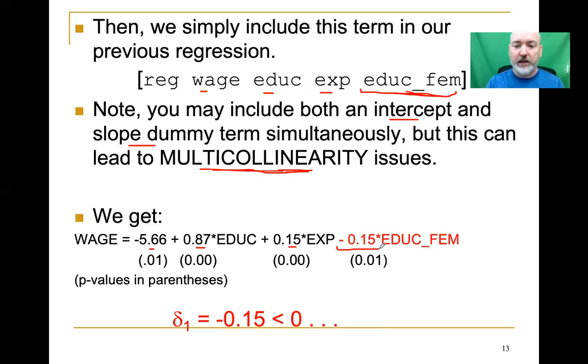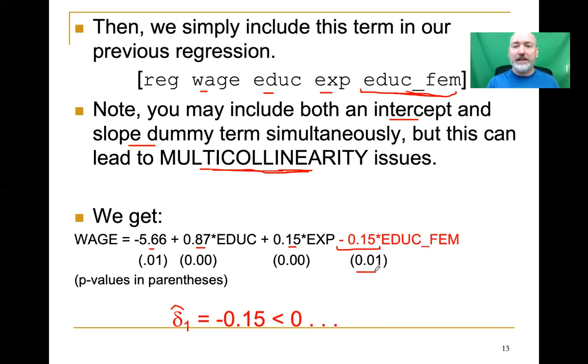So this negative 0.15, the coefficient on the slope dummy interaction, that is the delta 1 hat. Sorry, that should have a hat on it there. That's our estimated coefficient, and p-values are in parentheses. A p-value of 0.01 indicates that it is significant. We can reject the null of 0 with 99% confidence.